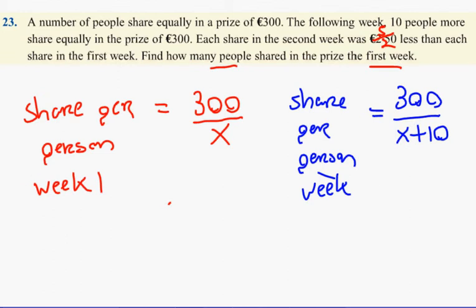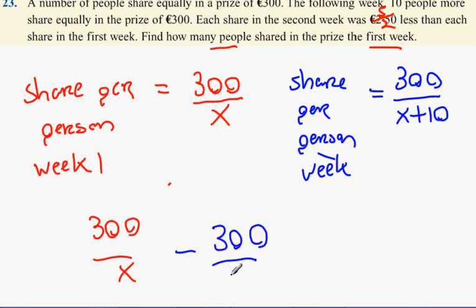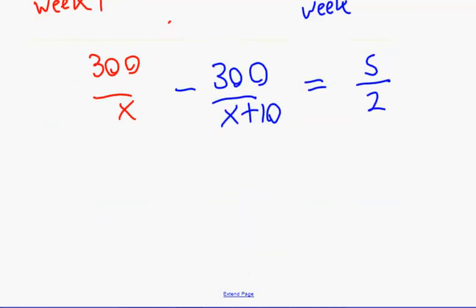Alright, so what we're doing here is the following. The bigger number, which is 300 over X, minus the smaller number, which is 300 over X plus 10, has to equal 5 over 2, the difference in the share. Now, what you do next is you multiply out, do your 3 lines.